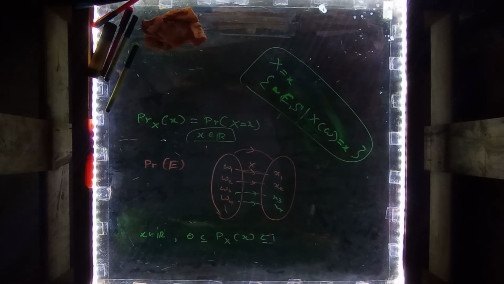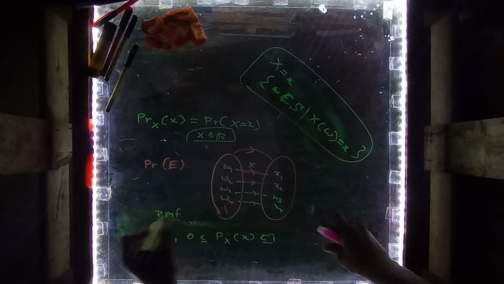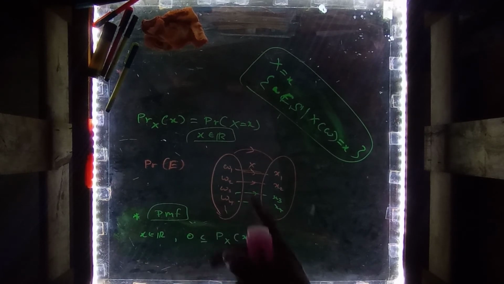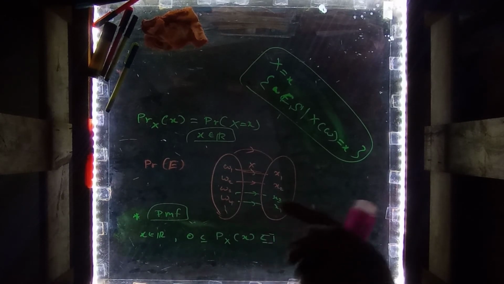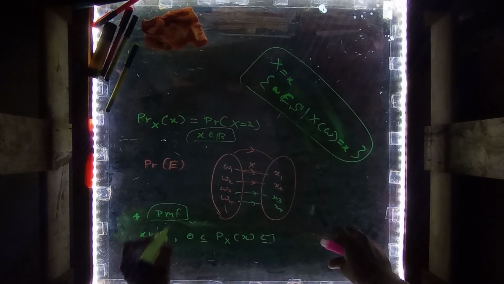The next property is related to the probability mass function. I told you that there are two types. I'm talking about probability mass functions, and in a later session, I will talk about the probability density function, PDF. Here it stands for PMF.